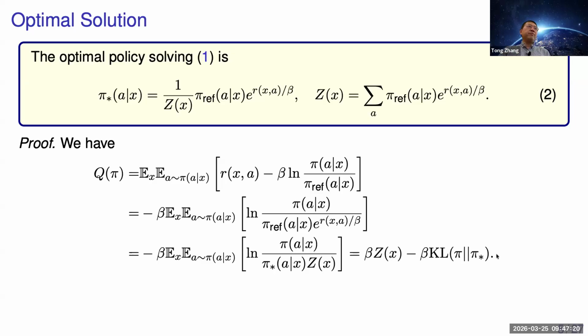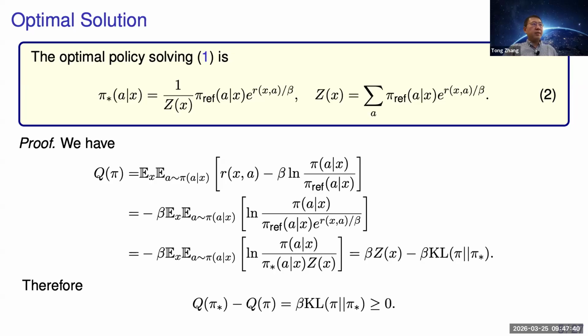So this is basically the formula you will see for Q of pi. This is always the case: a constant minus this guy. Then what is the largest value of this? Because this one is always non-negative. It's a KL term. And pi equals pi star will be the optimal solution, making this 0.